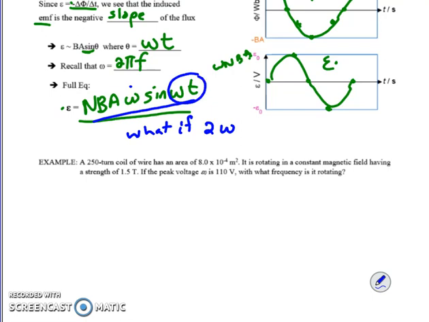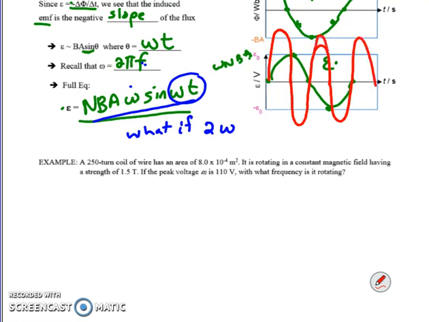If omega is out front, we get double the EMF. And if we put the twice in here, we get twice the frequency. So if I were to draw this again, and this is going to be a little bit tough, I would draw a big amplitude and twice the frequency. Whoops. This should be just as high.